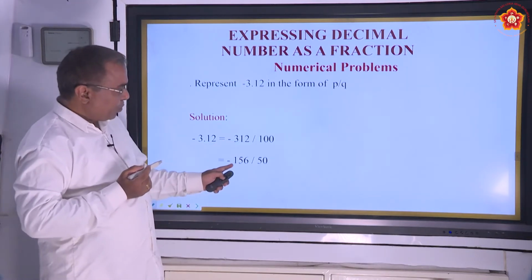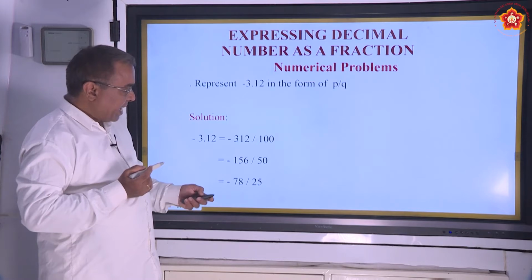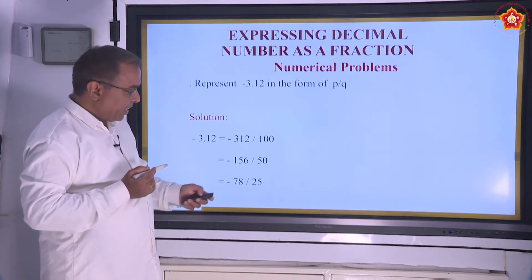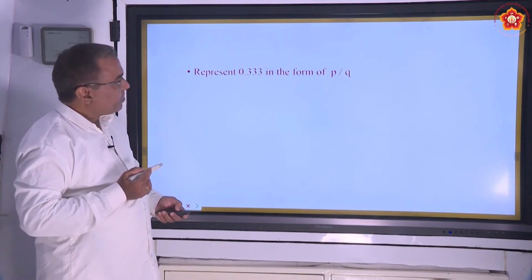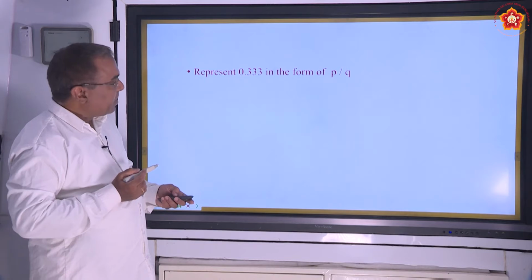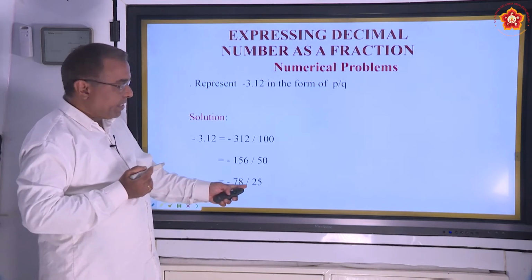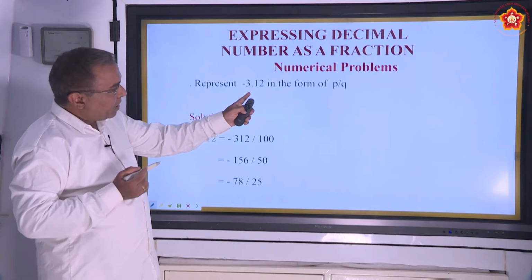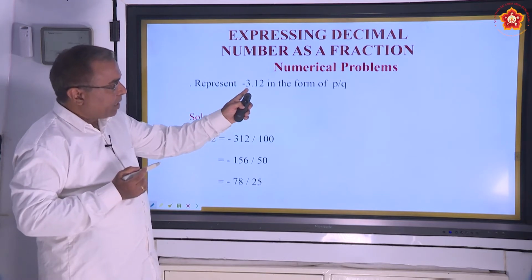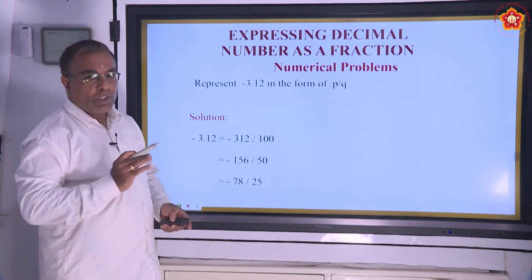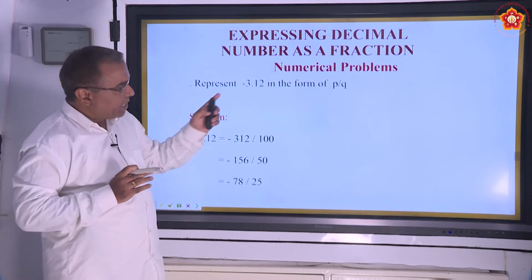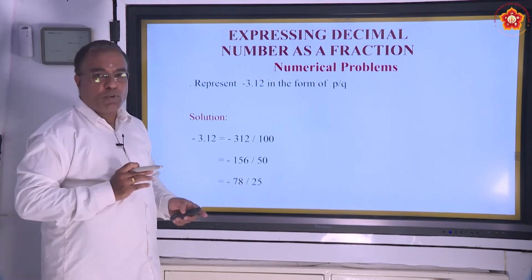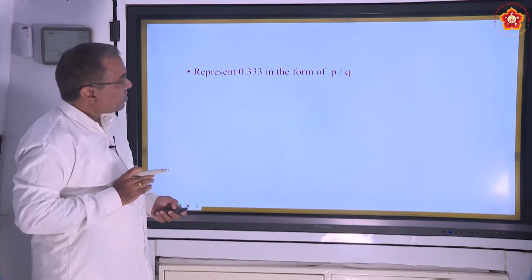So, that gives us minus 156 by 50. Again divisible by 2, minus 78 by 25. So, minus 78 by 25 is the p by q form of the same number, minus 3.12. Both are the same value. One is in the form of decimal representation, another is in the form of p by q.